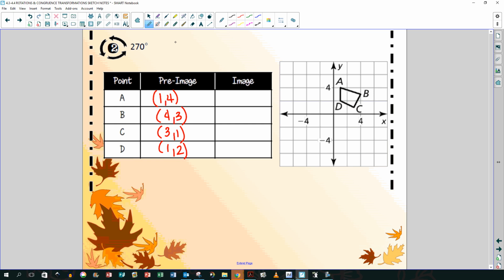So the 270 rule is XY, and the rule is for 270 that they trade places, and the first one changes signs. So they're going to trade places. So my Y is going to become my X, and my X is going to become opposite, so 4, -1.